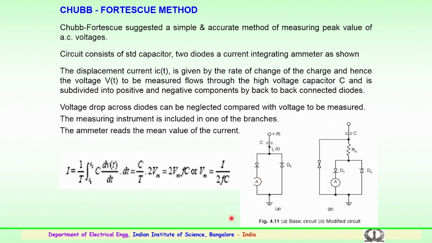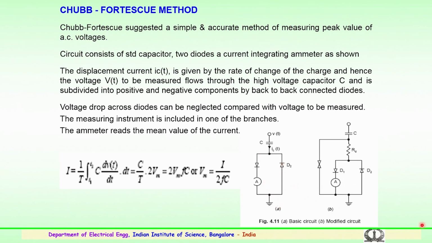So, the displacement current, particularly the i_C(t) from the capacitor when voltage is applied, is given by the rate of change of the charge, and hence the voltage V(t) which is to be measured flows through this high voltage capacitor and is divided into positive and negative components through the help of these back to back connected diodes.